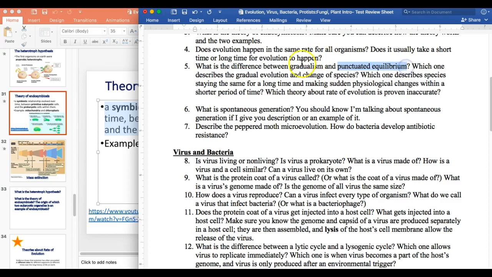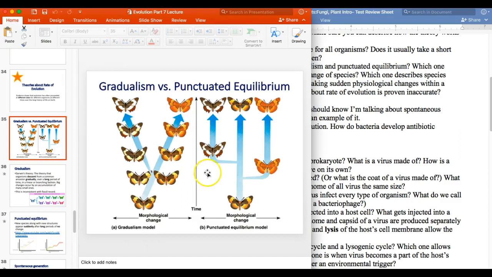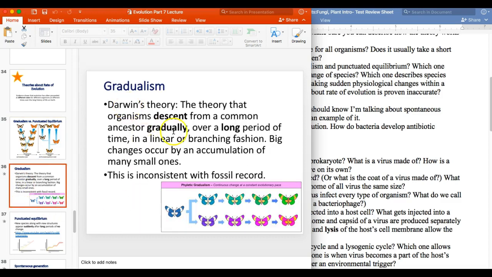So both of these two words, gradualism and punctuated equilibrium, tell you how fast evolution happens, but there's only one that's actually correct. If you look at this picture right here, on the left side it describes gradualism. So what it means is that evolution happens gradually over a long period of time in a linear branching fashion.